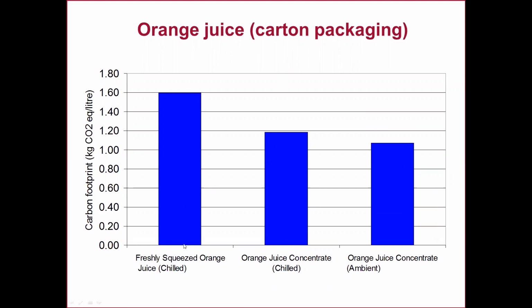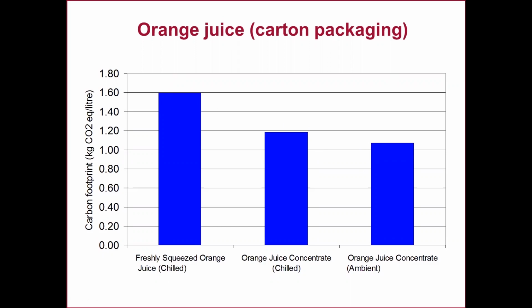Here, just to give an example, is how the carbon footprint would vary depending on how the product is stored at the retail or use stage. For example, if juice is sold as a fresh juice in a refrigerator, then it could have about 60% higher carbon footprint compared to juice which is in a Tetra Pak and stored at ambient temperature.